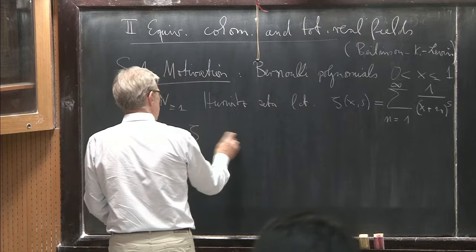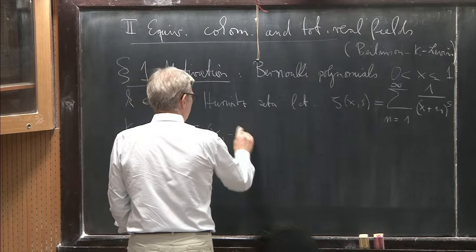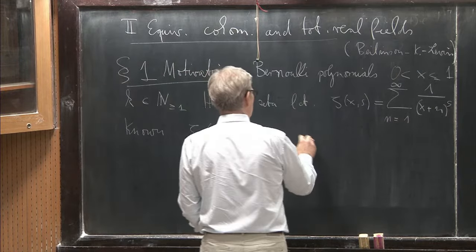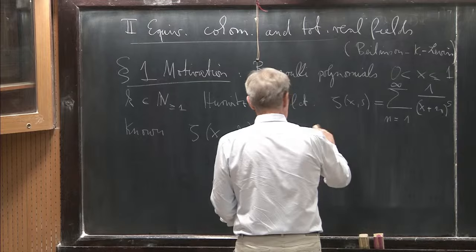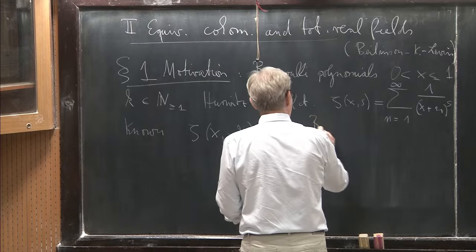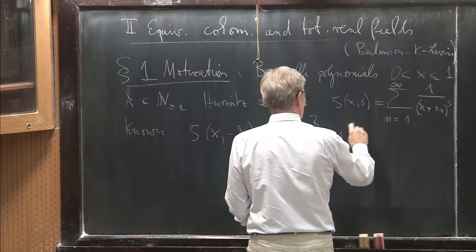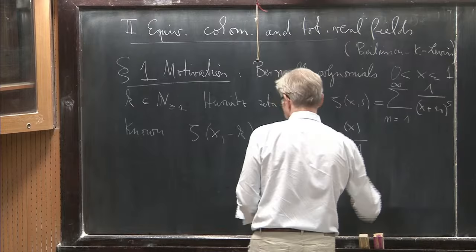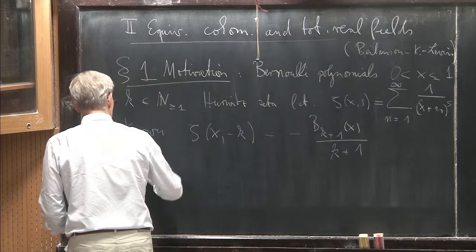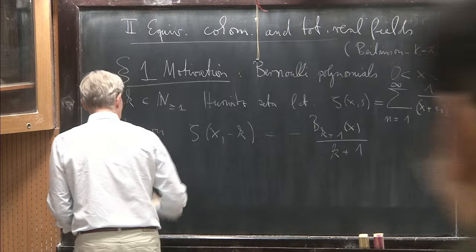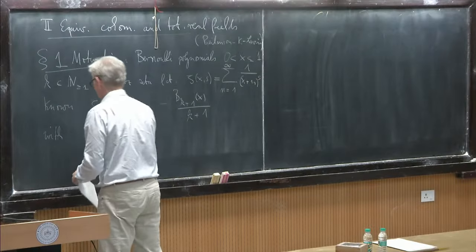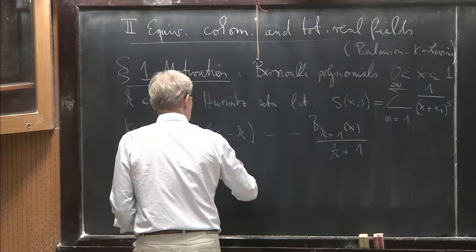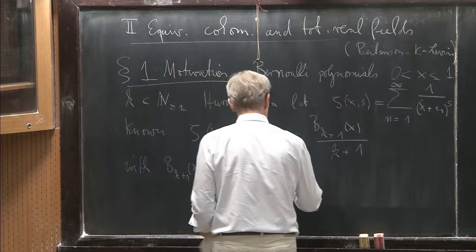And with this functional equation, you can see that the value at minus k is equal to minus the k plus first Bernoulli polynomial in x divided by k plus 1. And the Bernoulli polynomial is defined by the following generating series.